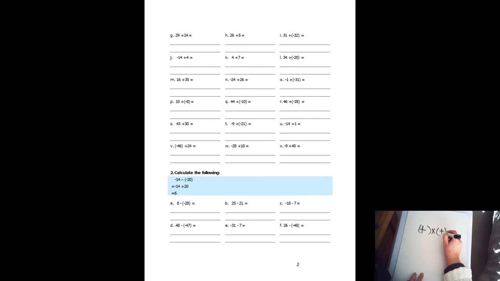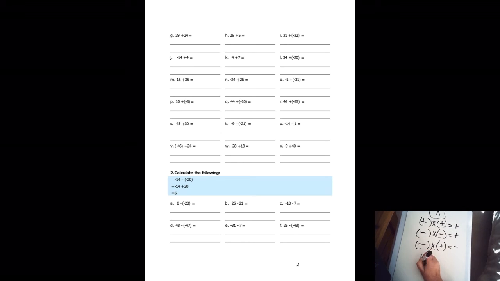This is only for multiplication. Positive times positive gives me positive. Negative times another negative, if these signs are multiplied, it gives me a positive. If I multiply negative and positive, I end up with negative.